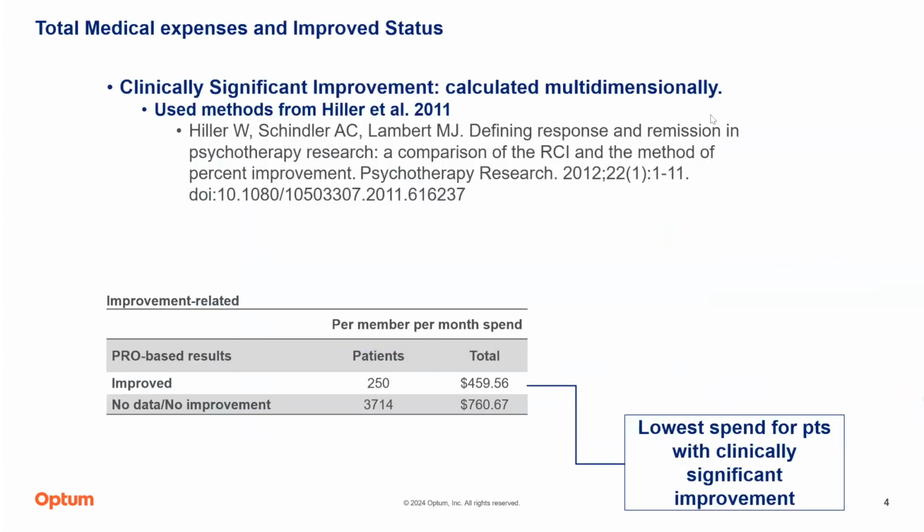The next slide, I'm attempting to draw a little bit of directionality as we look at whether patients were clinically significantly improved in the program versus patients who had no improvement or for whom we had no data on their improvement.